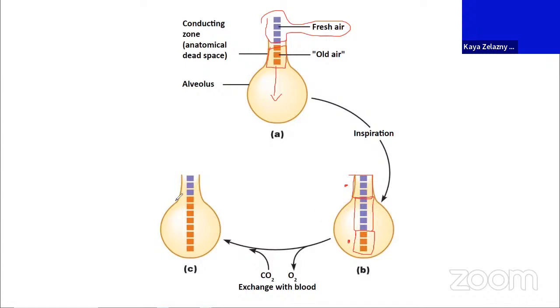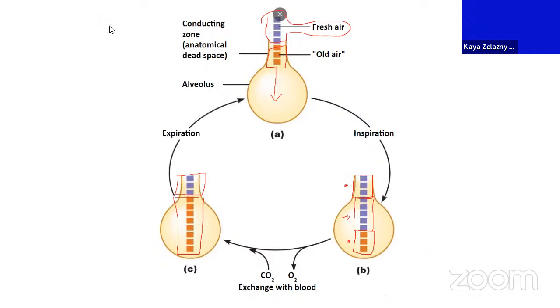Anything that's in the respiratory zone is affected by that exchange. So it gets filled with carbon dioxide and we suck that oxygen out. We can see that color change. This fresh air, we've now made like that old dead air. Well, that amount that was in the conducting zone, even though it was fresh air, can't participate in gas exchange, so it's still just there.